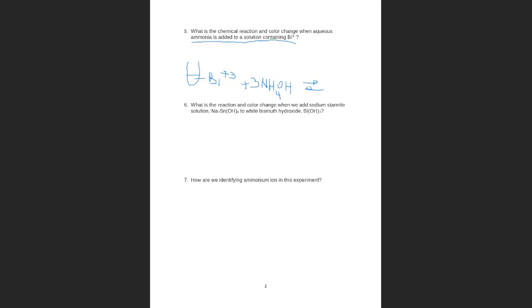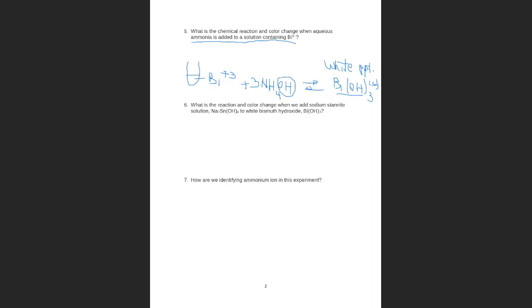This OH forms the bismuth hydroxide, and this is a solid, a white precipitate. So the first thing, when you have the copper and the bismuth and you want to separate them, you add ammonia. Then this one is a white solid and the copper stays blue in solution. So this is the first reaction.